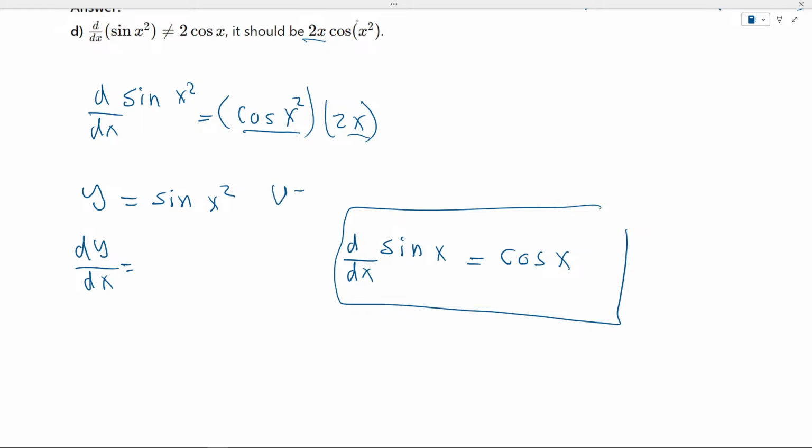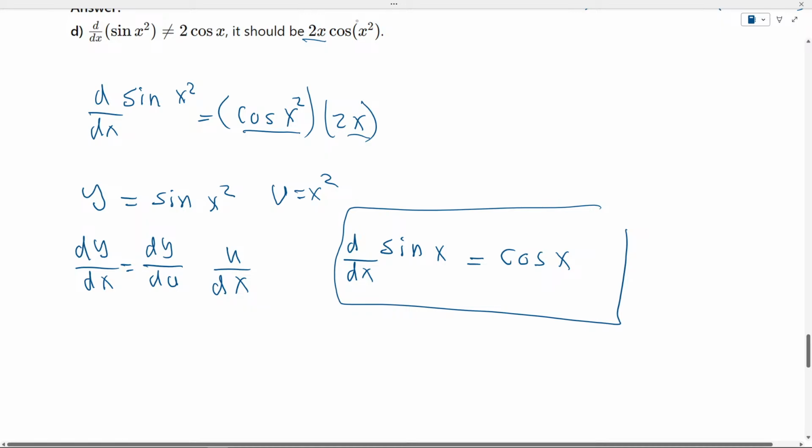I can say u is equal to x squared. So now dy over dx is dy over du times du over dx, because the du cancels with the du, and you get dy over dx. Now what I need to find is dy with respect to du.